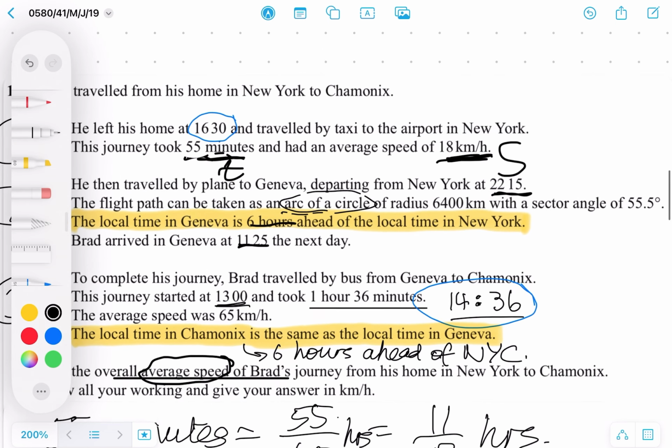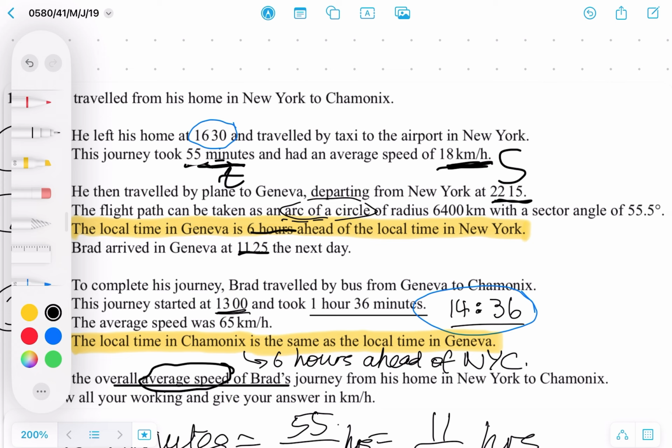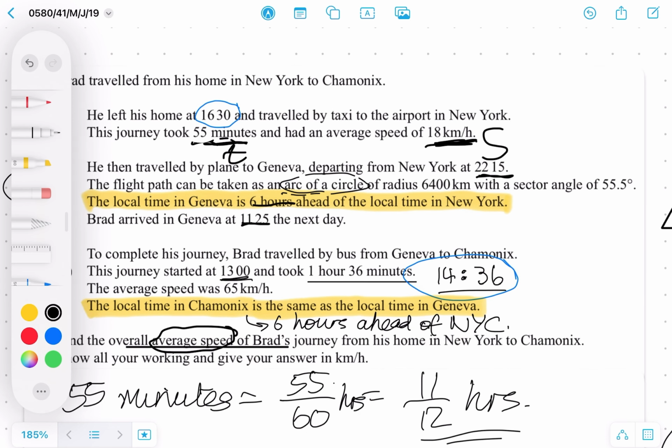So therefore, to calculate the total time that he has actually traveled, it's not just the time between 4:30 p.m. on the first day and 2:36 p.m. on the next day. We have to subtract 6 hours from this.